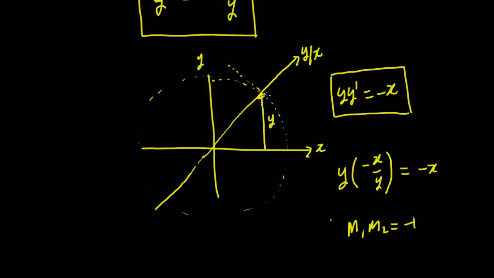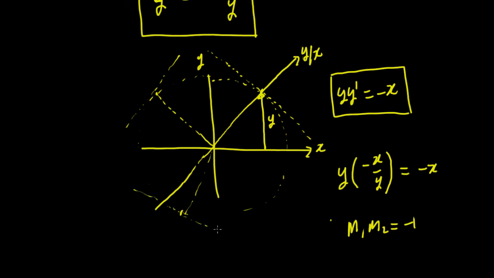It's saying that line there. So what we're doing is taking the value of y, multiplying it by the gradient of the line that's running perpendicular, and we're always getting a value of minus x. So if we pick a different point up there, then that would be that line there, and if we pick a point down here, it would be that point there.